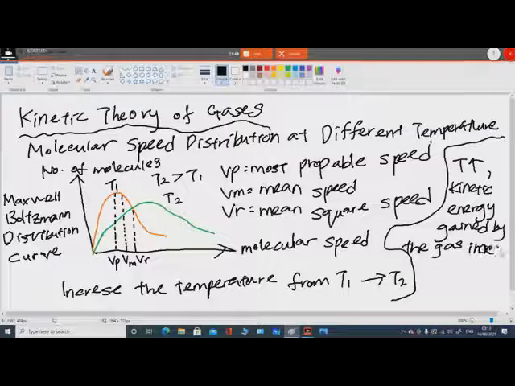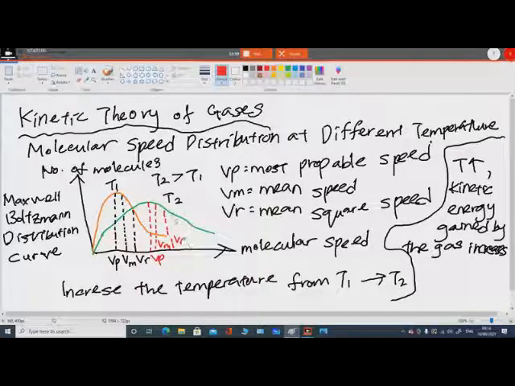So this causes the most probable speeds to be shifted here and here. So this will be my new most probable speeds, and this is also followed by my new mean speeds, and finally my new root mean square speeds.